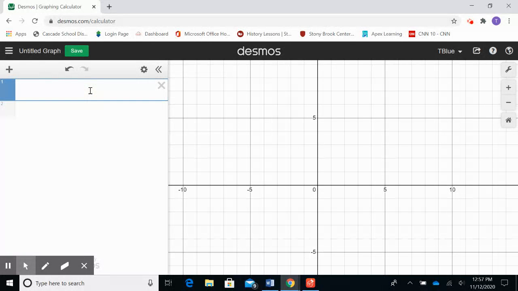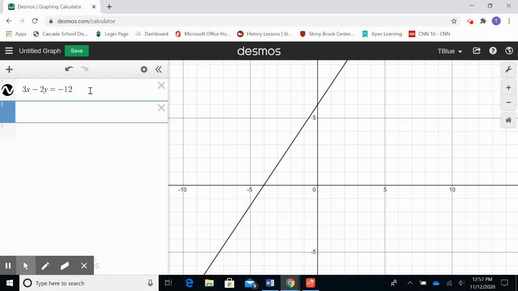So I'm going to plug in my new equations: 3x minus 2y equals negative 12, and then 2x plus 4y equals 9.